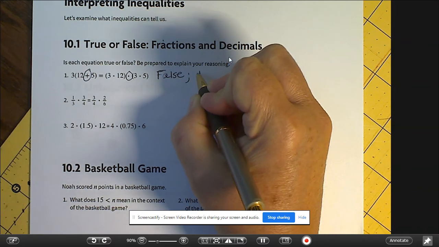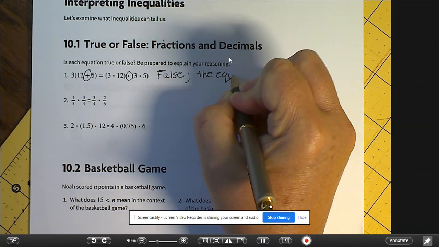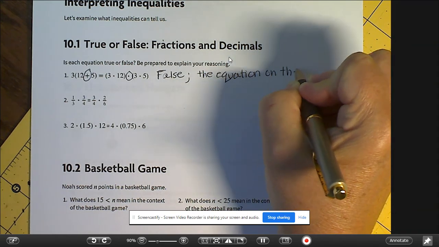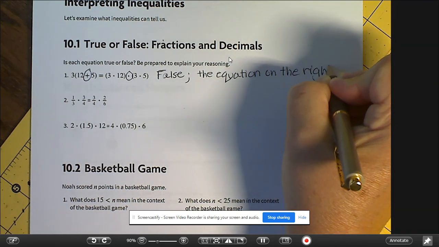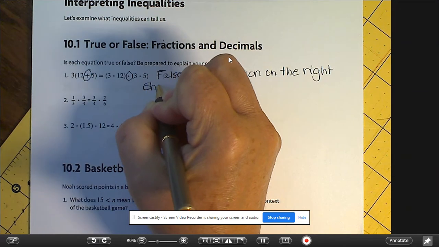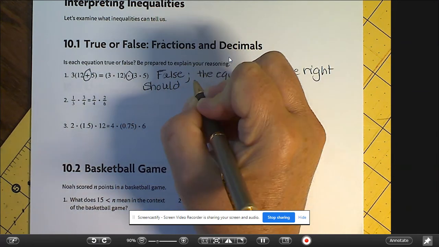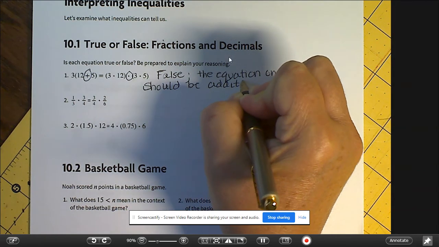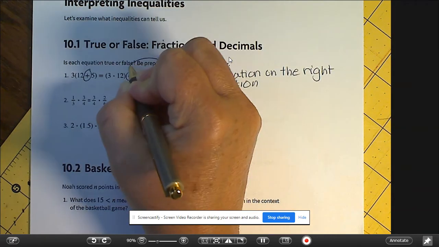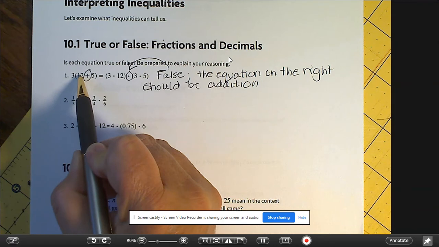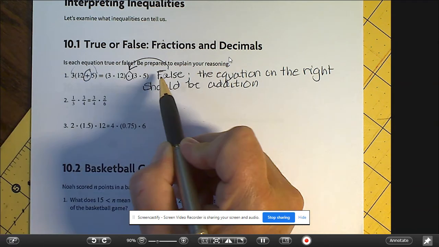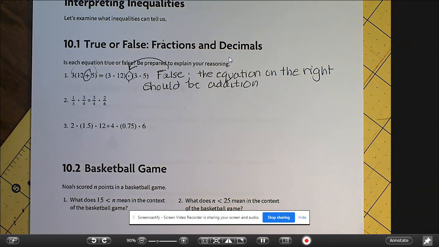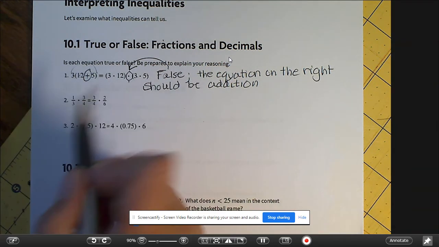The equation on the right should be addition. This is 3 times 12 and 3 times 5, but this would have to be a plus sign in the middle. All right, so that's false.